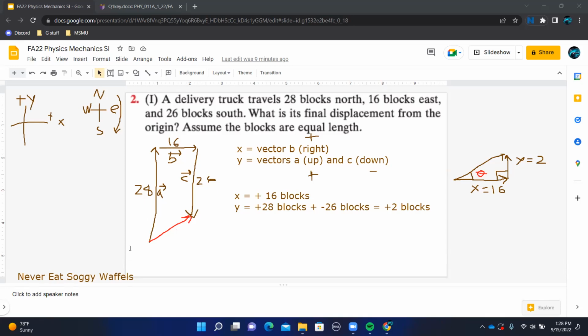And the word that I said was resultant. Coolio? So then we have plus 16 blocks.